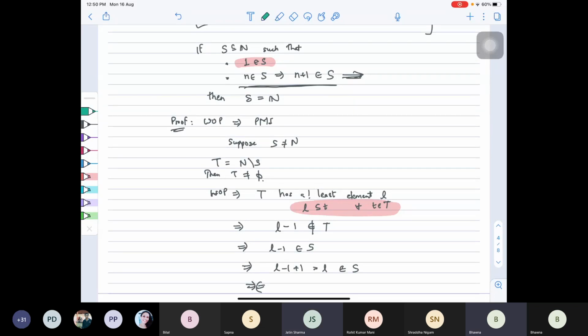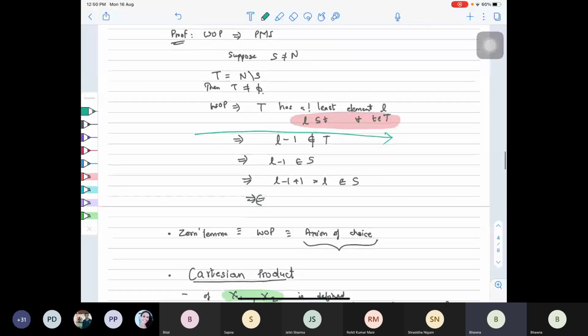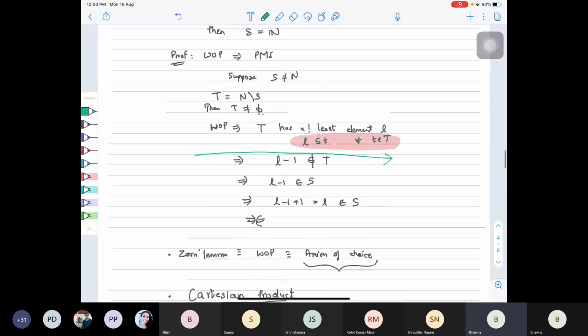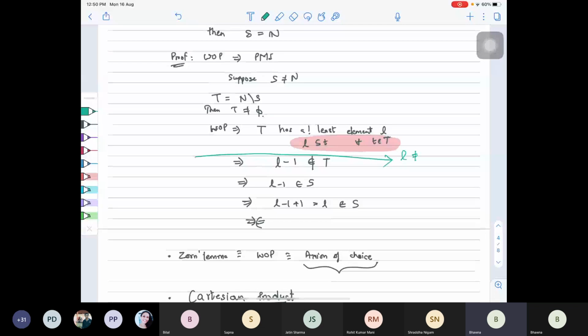There is a missed reasoning in this proof actually. L is strictly greater than 1. Why? Because 1 is in S already, and L belongs to T, which is N minus S. So L cannot be equal to 1.